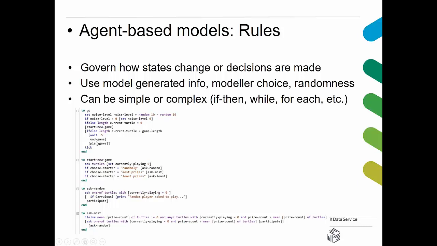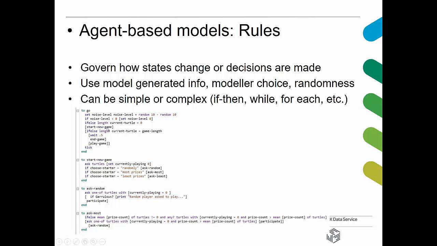This is some of the code of my model, and you'll notice it says, if, else, the length of current turtle equals 0, which you don't need to know the exact reason behind, but that means if no turtles are currently playing a game. Agents, for some reason, are called turtles in NetLogo. If no agents are currently playing a game, then start new game.